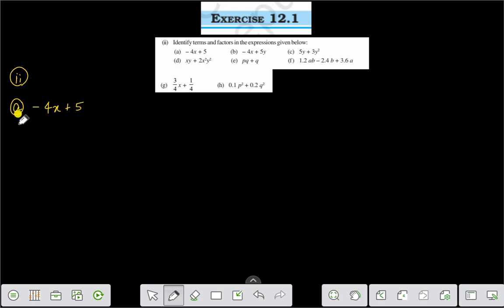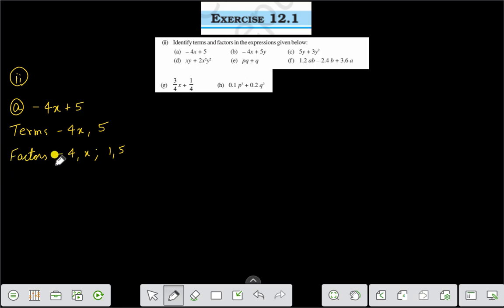The terms are minus 4x and 5. And the various factors are minus 4 and x, and for this 5 it is 1 into 5, that is 1 and 5. These are the factors.